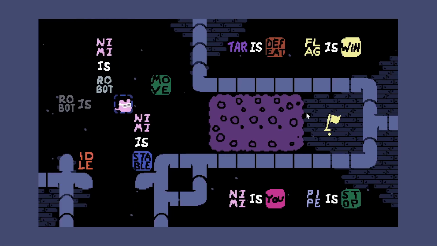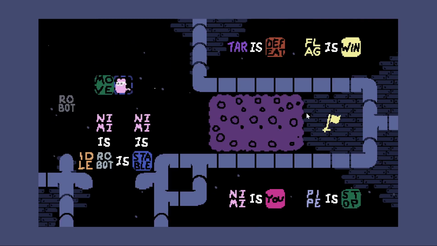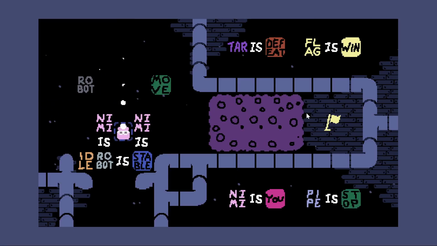But the issue with that is that now by removing stable, I immediately turn into robot. So both statements have to be on at the same time. Maybe I can do that. I need to make robot as Nimi though. How do I even do that? I can't. Because I don't have the statements necessary. What?